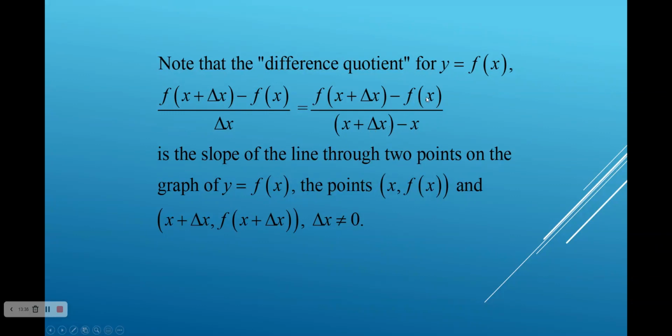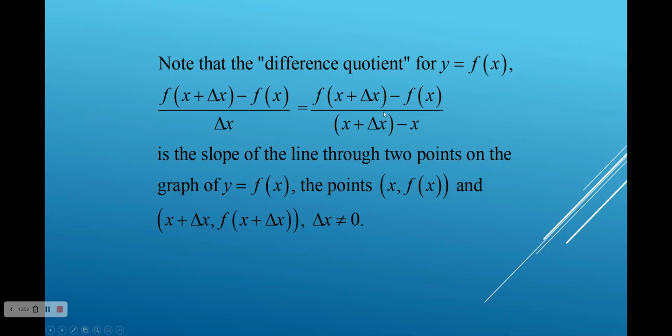And then f of x gives you another y value on the graph of your function corresponding to an x value of x. So you literally have a y sub 2 minus y sub 1 divided by x sub 2 minus x sub 1, the old definition of slope of a line.